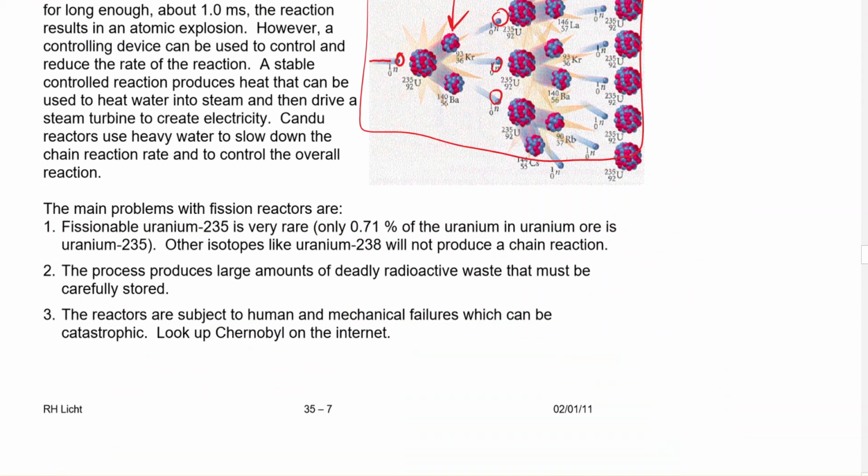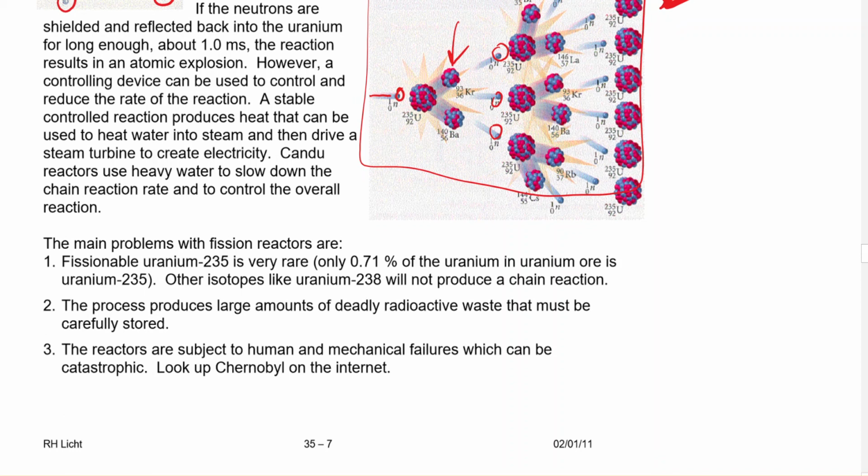You will need to know some of the pros and cons of fission reactions and fusion reactions. Fission is the breaking up of big atoms into smaller ones and releasing the energy in between. The main problem is that uranium-235 is very rare.